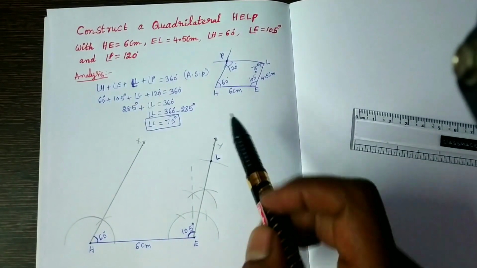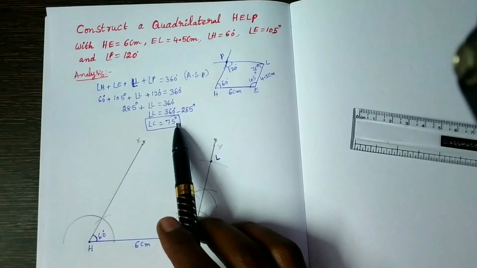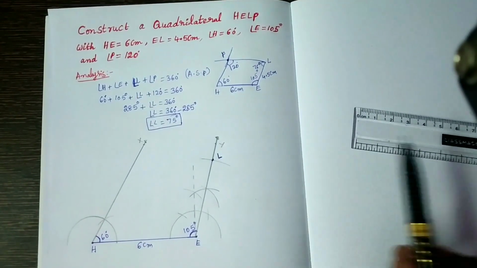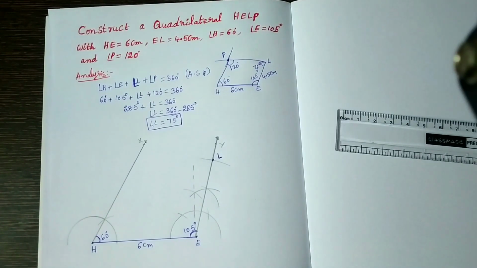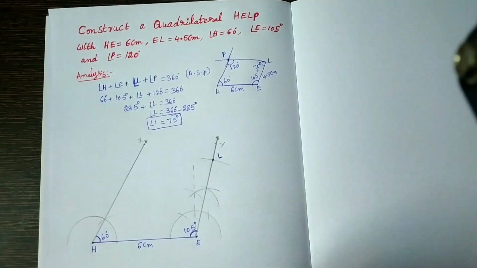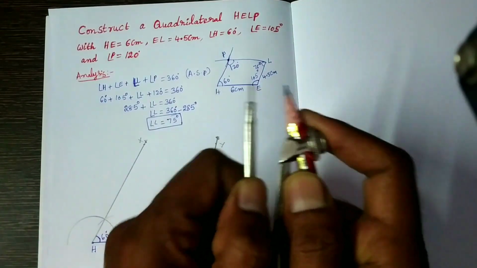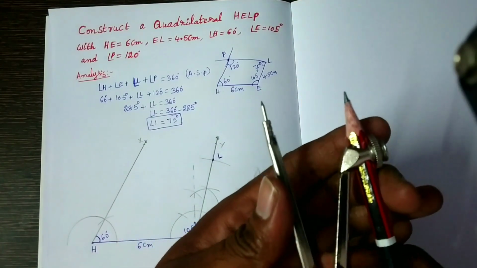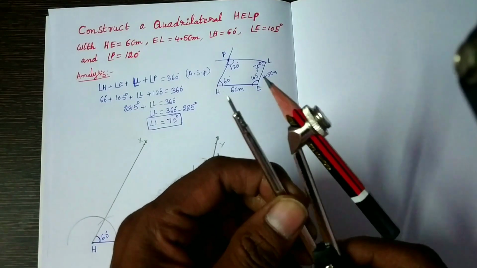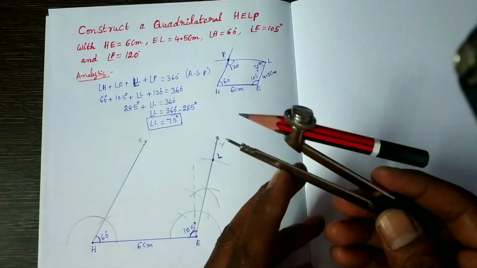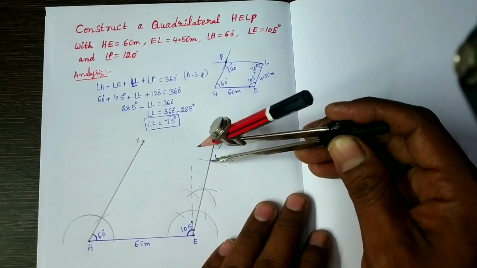Next, angle L is equal to 75 degrees. 75 degrees is also a standard angle. So you can construct 75 degrees without using protractor. Take some radius like this. This is the suitable radius for all construction.